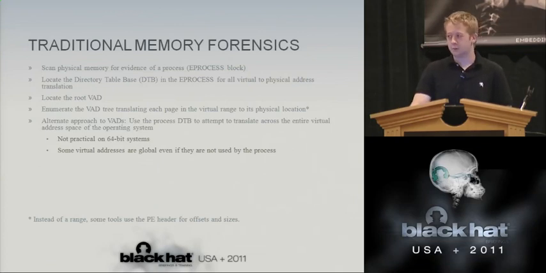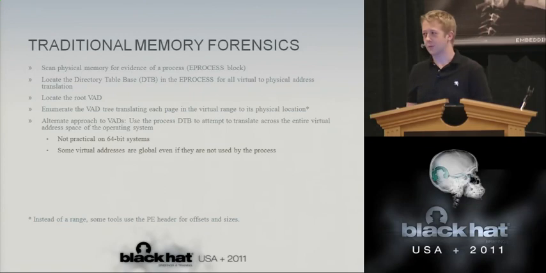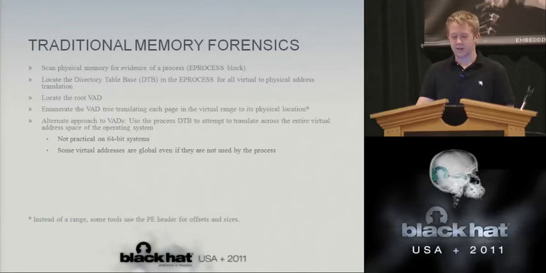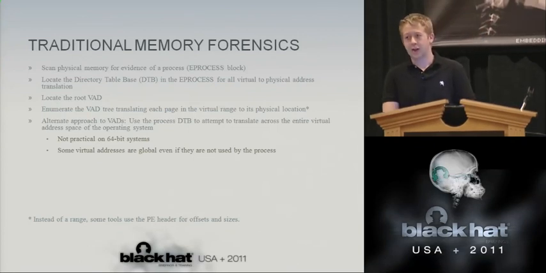To look for these VADs, most tools scan physical memory for an e-process block, and this is where most of the information is. This describes each process loaded into memory, and basically they locate the directory table base in the e-process so that they can accomplish virtual to physical translation from the process's context of addresses to the actual addresses in memory.